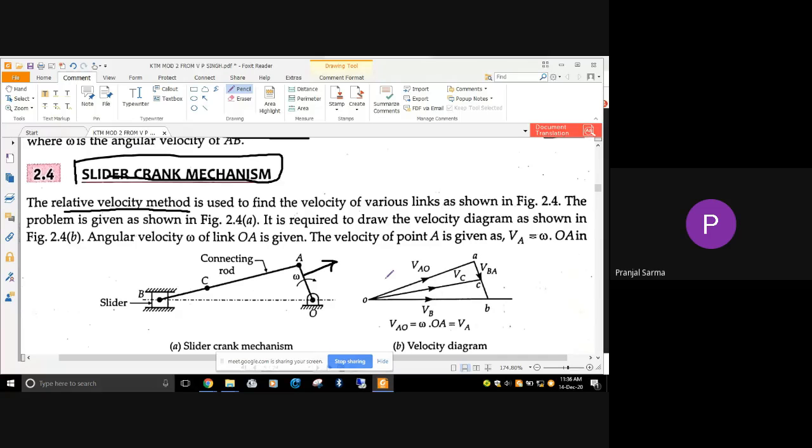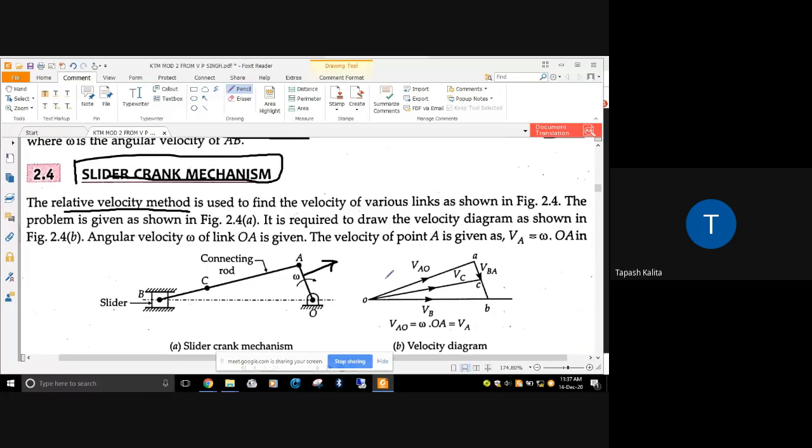Then you have said only three. Sir, the frame. Oh, frame, yes. All the four links. You also agree there are four links, right?